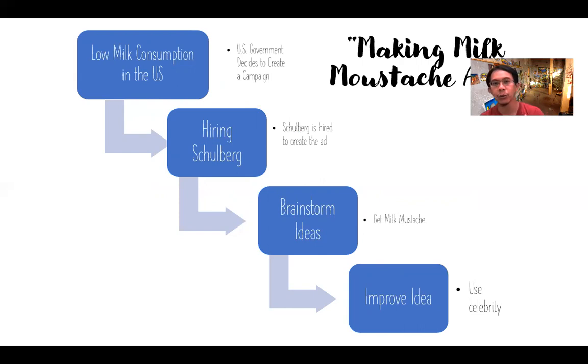And what is that unusual element? It's by using celebrity. All right. And this is how they came up with the idea of the milk mustache ads. And that's how they did it.